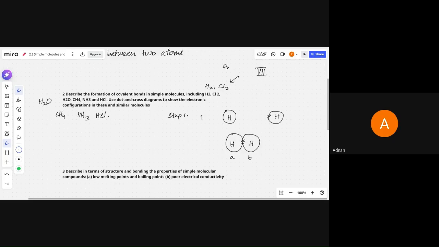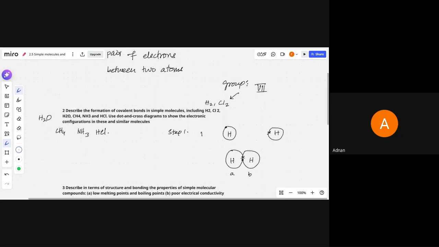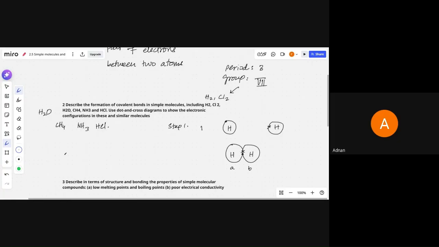Group 7 means that it will have 7 electrons in the outer shell, and period 3 means that it will have 3 shells. The atomic number of chlorine is 17, which means that it contains 17 electrons. So the electronic structure will be 2, 8, 7: 3 shells, 2 electrons in the first, 8 in the second, and 7 in the third.